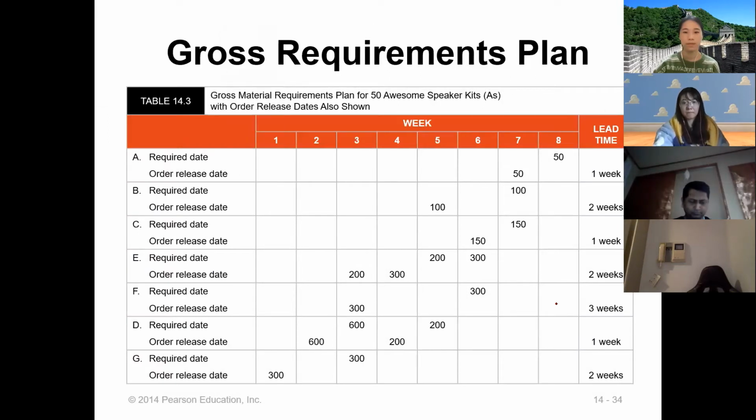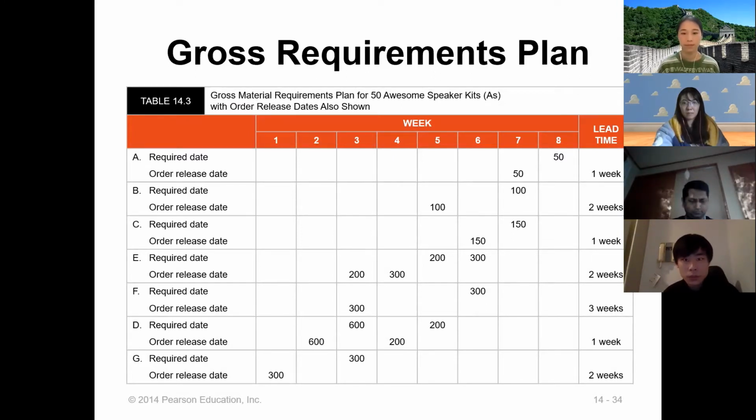But this is not complete yet, because this is only the gross. Gross means the total. From here, how do we come up with the net requirements plan, or the actual quantity needed? The actual quantity needed depends on how much stock we have in hand, or already have in the store.